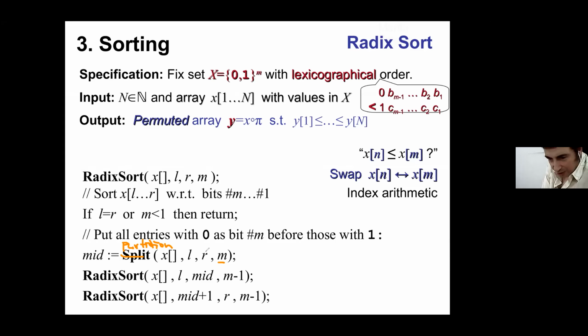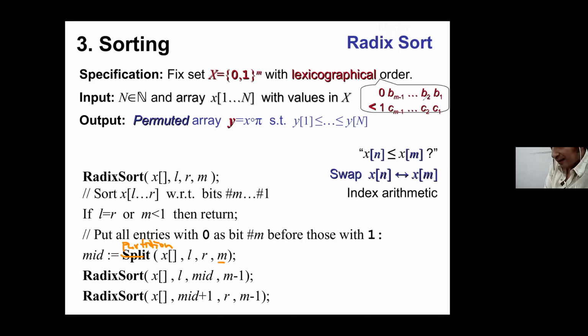So what we did for the QuickSort is we used the reference element, the pivot element, but in this case, we simply look at bit number M. So we look at the M element in this sequence.